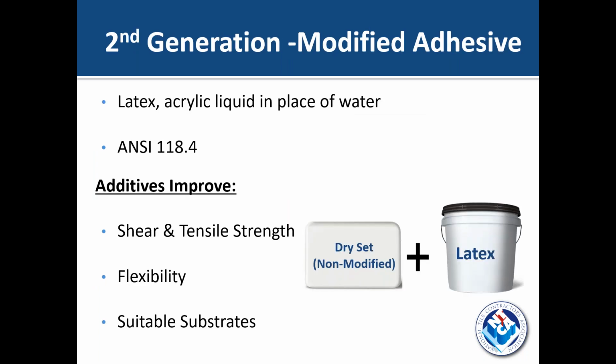So the second generation, this is when latex was introduced as an additive to the dry set to form a modified adhesive. And once you do that, you greatly expand where these products can be used, with the type of tiles, with the type of substrates. The strengths go way up.